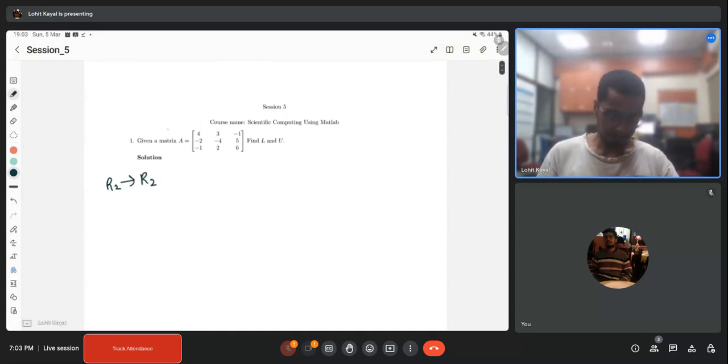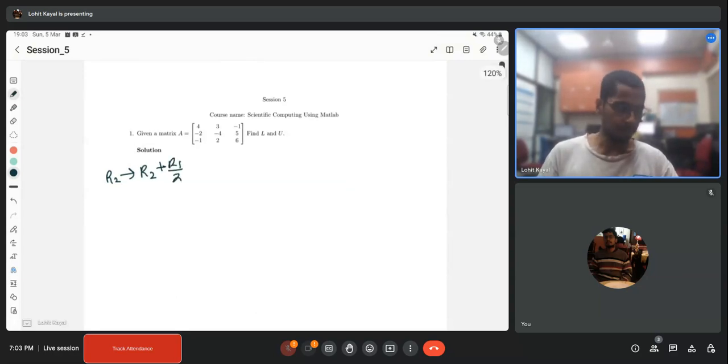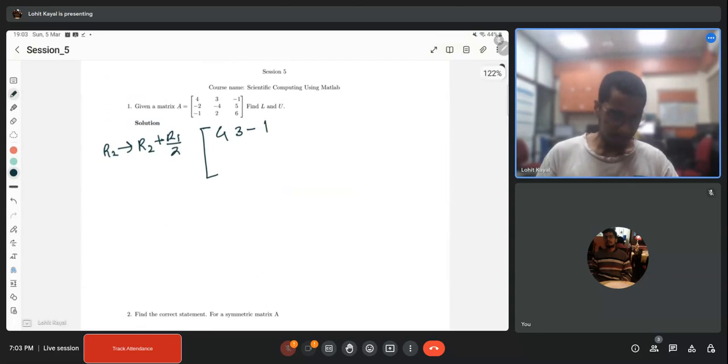R2 plus R1 by 2. So this is your first step, and the matrix will be 4 3 minus 1, and it will be 0.